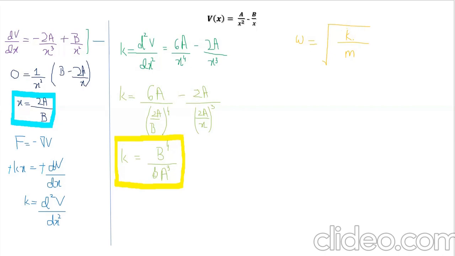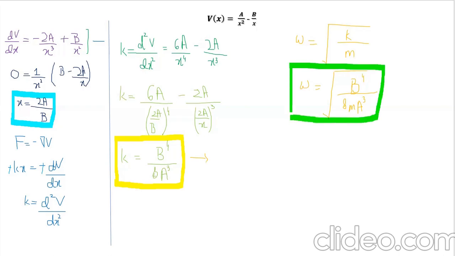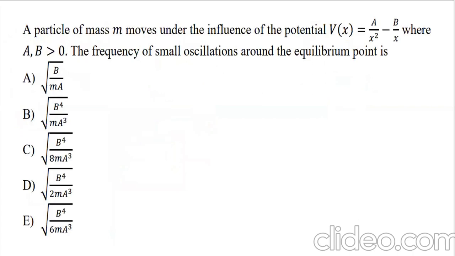We have found this k in the last expression, and we just have to substitute this value in this formula and we get the result: ω = √(b⁴/(8ma³)). This is the value of frequency of small oscillation around the equilibrium point. So our correct option is option number C. This is our correct option.